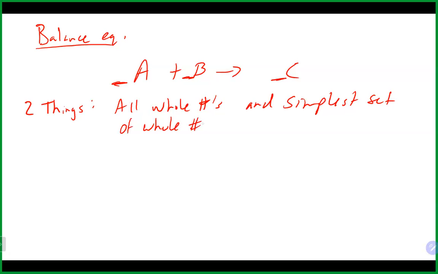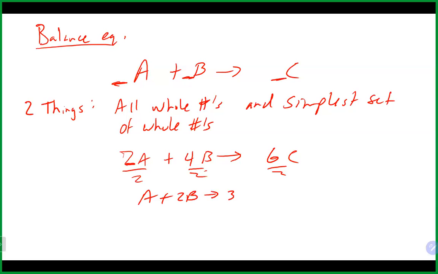As we talked about last time, if you balance an equation where you use, say, these numbers here, although it may be balanced at this point, you could definitely go through and simplify everybody by dividing by 2. And you should do that to get the properly balanced equation, which would look something like this.